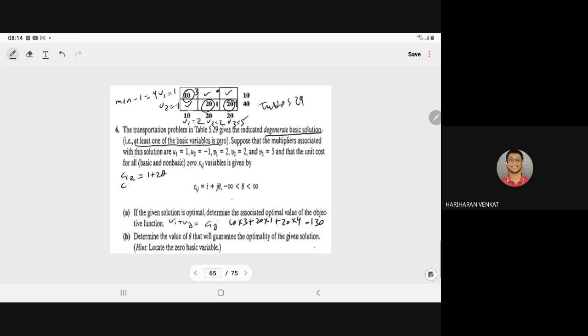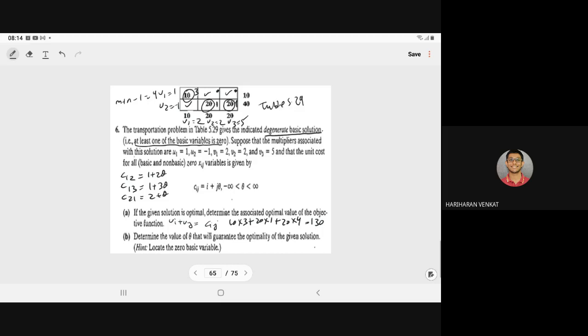C13, this place, will become 1 plus 3 theta, and C21 will become 2 plus theta. It is given to you that cij is i plus j theta. Now, determine the value of theta that will guarantee the optimality of the given solution.